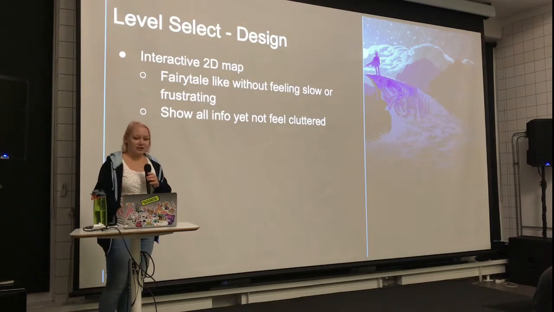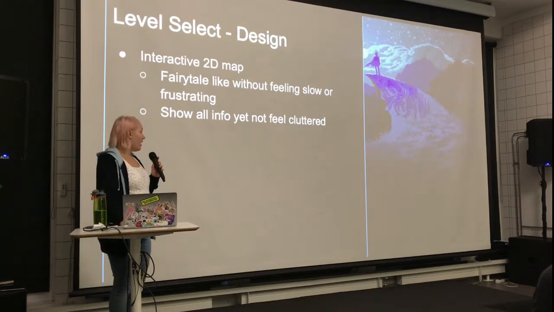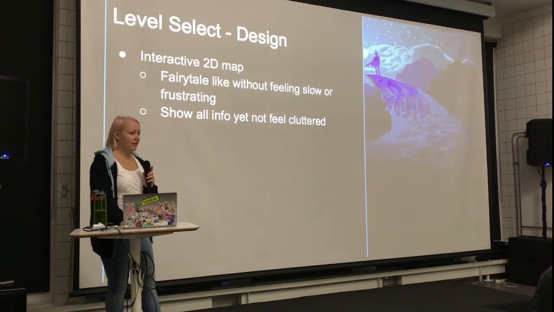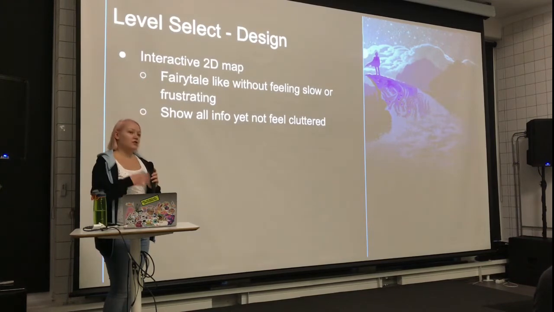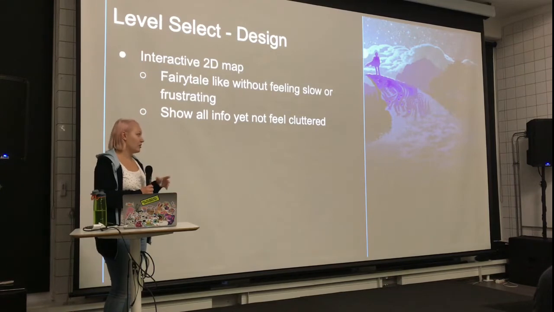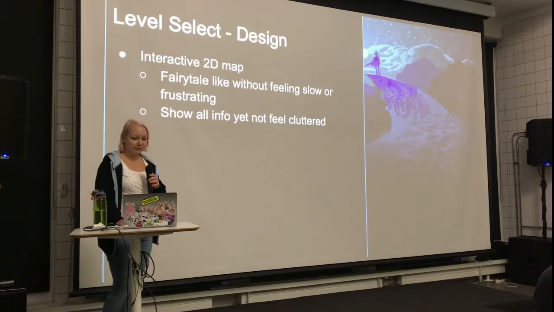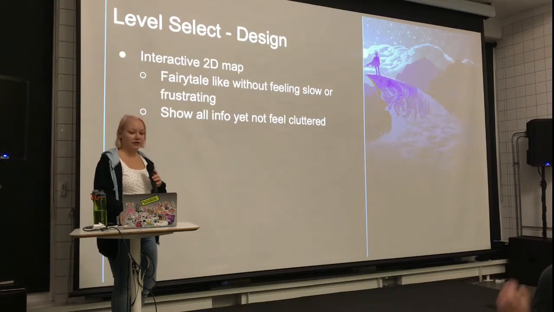So that we needed to figure out. And again, we had a very distinct and beautiful art style, and we wanted to give space for that in our level select screen as well. But there's also a lot of information, as you remember from the previous screen. There was a wall of text of information that needed to be conveyed to the player. So how do we fit both of those things without it being cluttered?